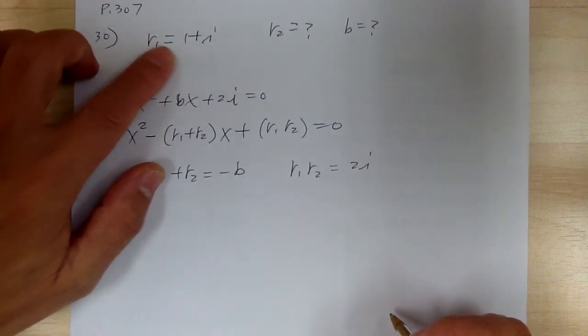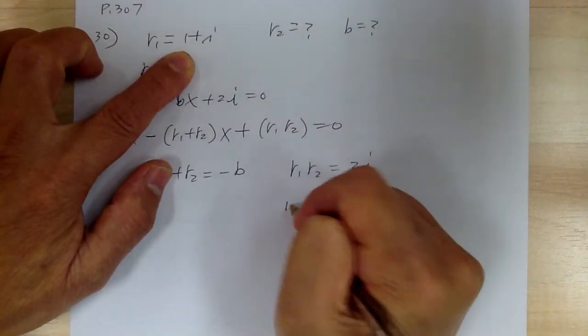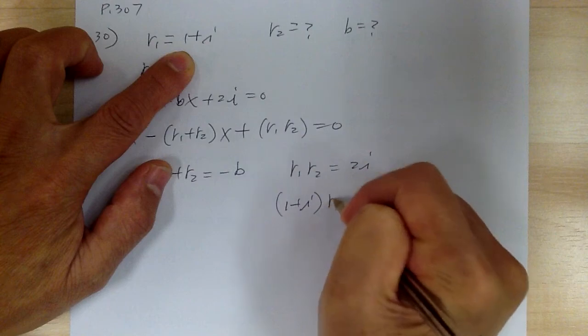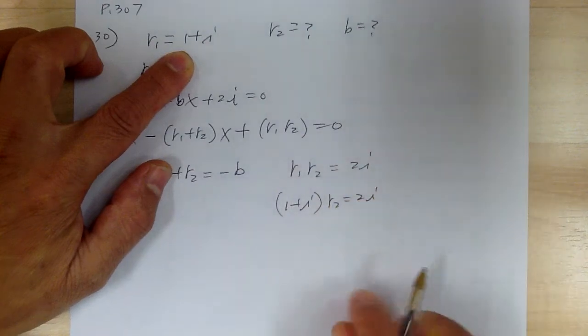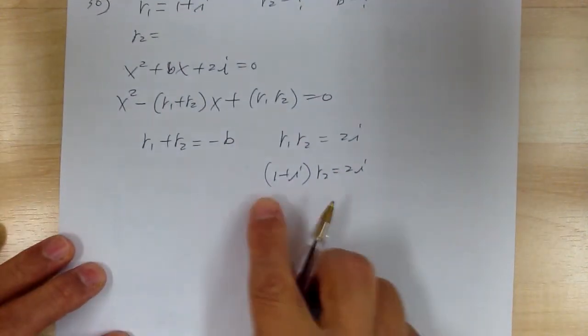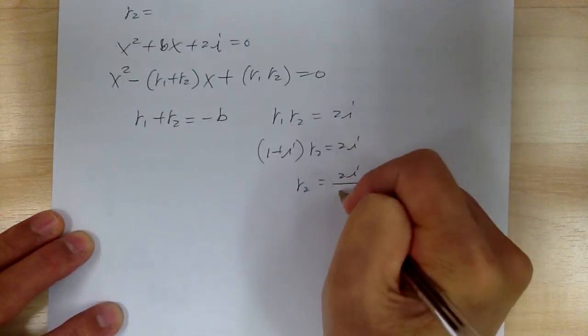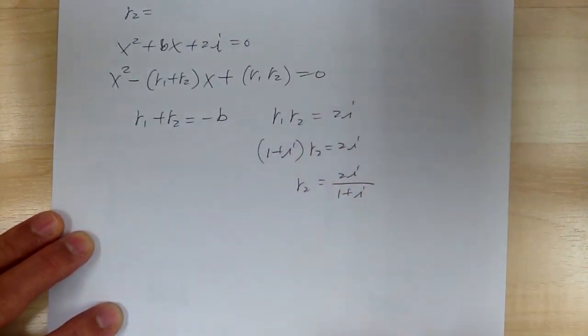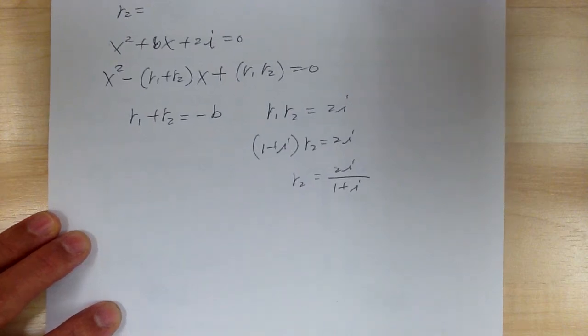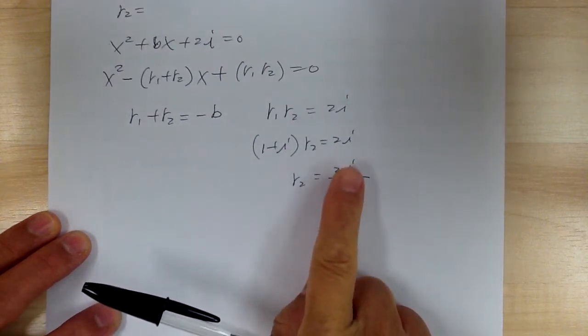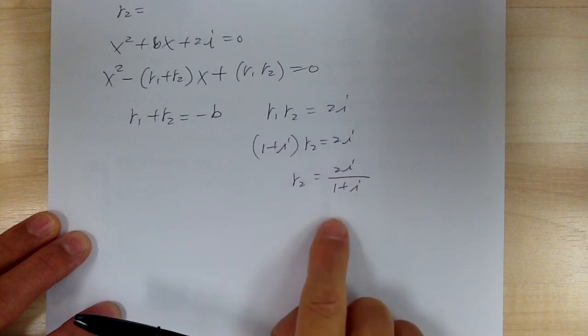So you substitute this into here. So (1 plus I) R2 equal to 2I. Right? You substitute. Then you divide. So R2 equal to 2I divided by 1 plus I. Okay. Now you have to simplify these, right?